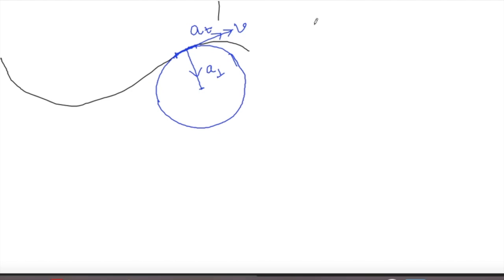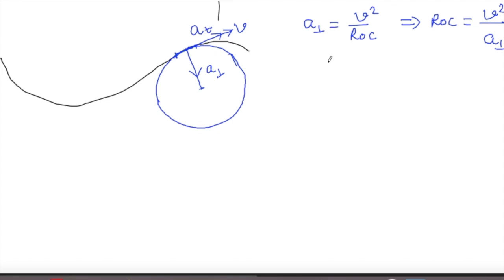So you can write centripetal acceleration is equal to v square divided by radius of curvature, which you have learnt in circular motion. So from the physics point of view, radius of curvature is equal to v square divided by a perpendicular.